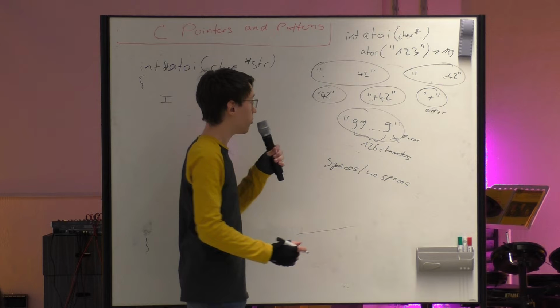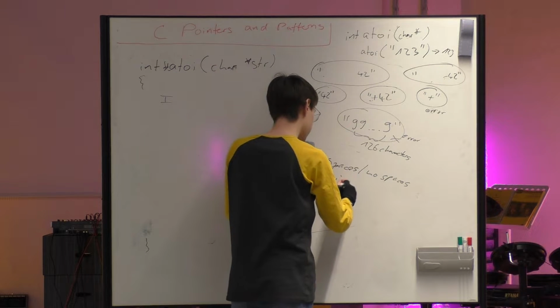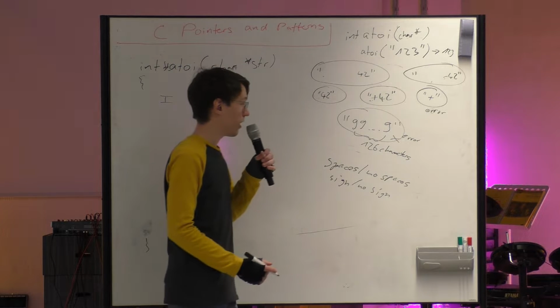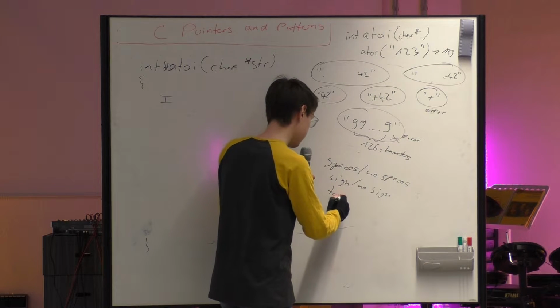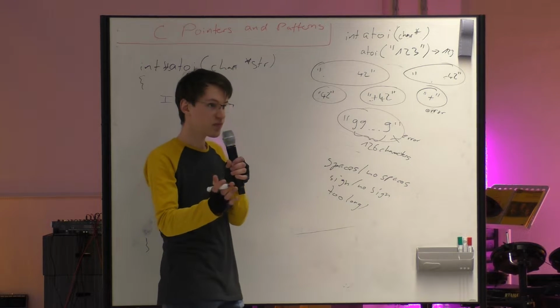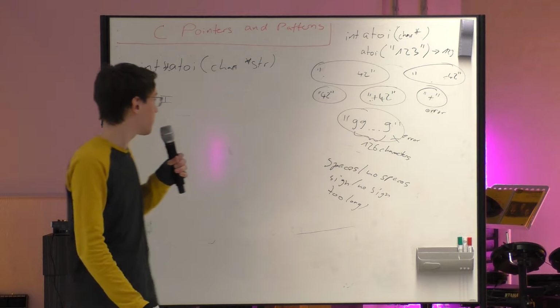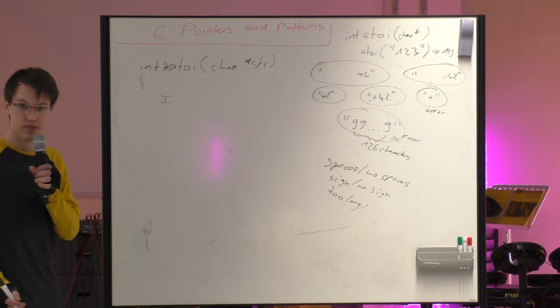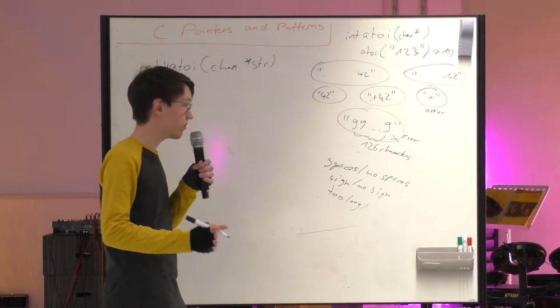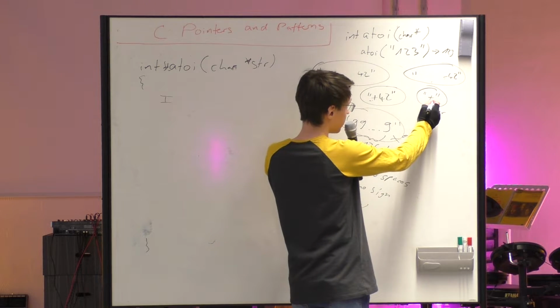What else might happen? Well, you have a sign or no sign. What else do we have? Well, too long. Is there also a too short? Question for you. This might be a too short number.